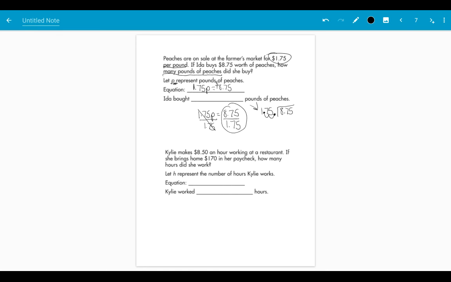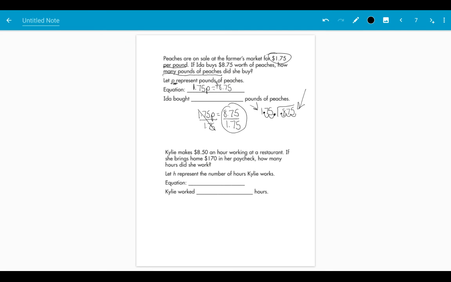A lot of misconceptions here is that the kids automatically go to their dividend and make it a whole number. That could be very dangerous if, let's say, it was 0.875. You guys would move this to the right 3 times and the divisor to the right twice.